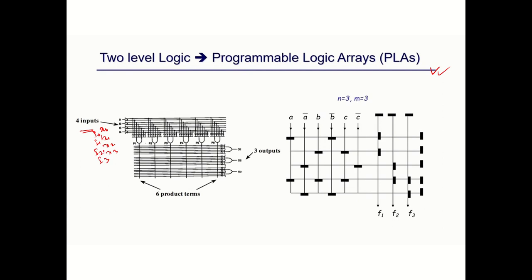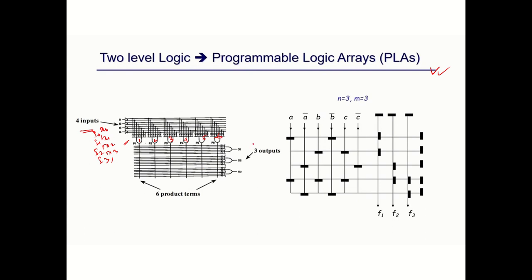The AND plane is defined with the help of these inputs, and they generate different product terms with the AND gates. This is the first AND gate, second, third, fourth, fifth and sixth. These six AND gates exactly form the first plane, and from here the second plane is derived.